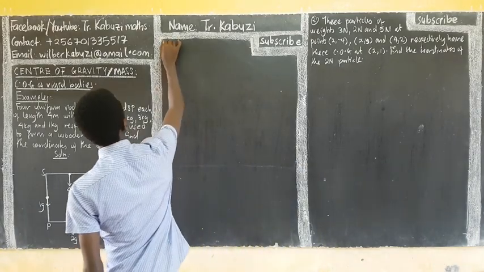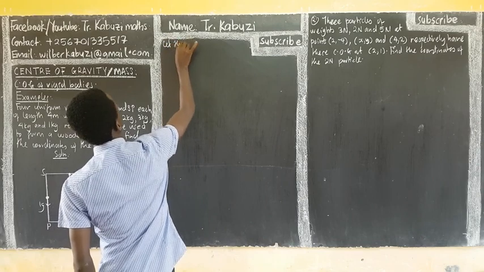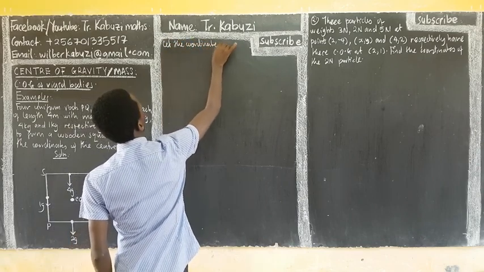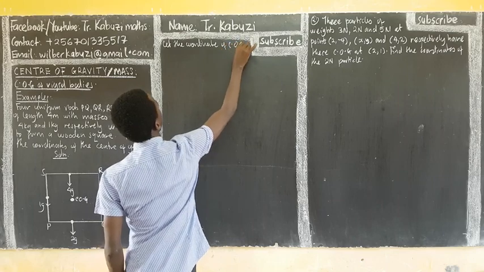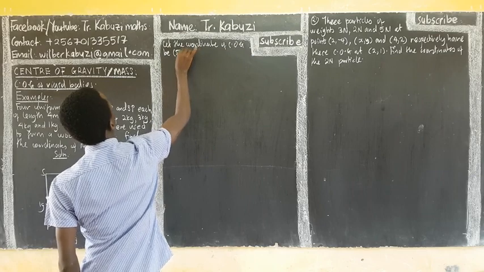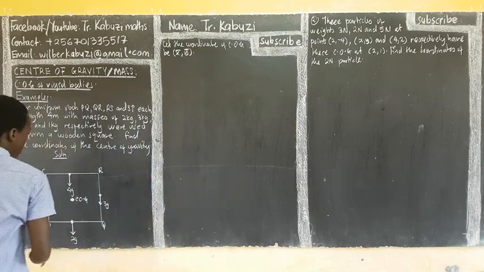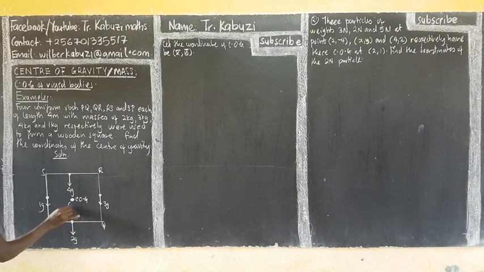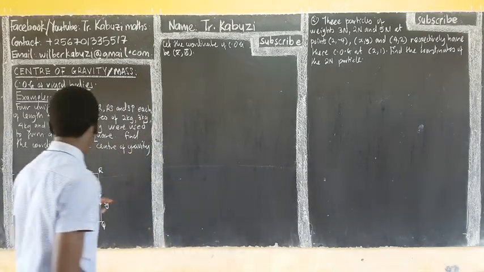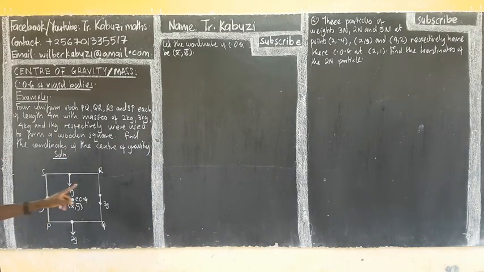You say, let the coordinates of the center of gravity be x bar, y bar. So what does it mean? It means that now, our task is to get these coordinates.